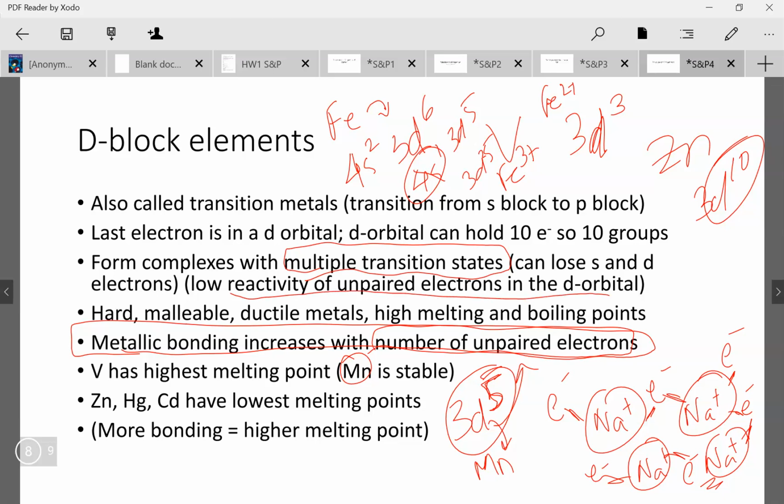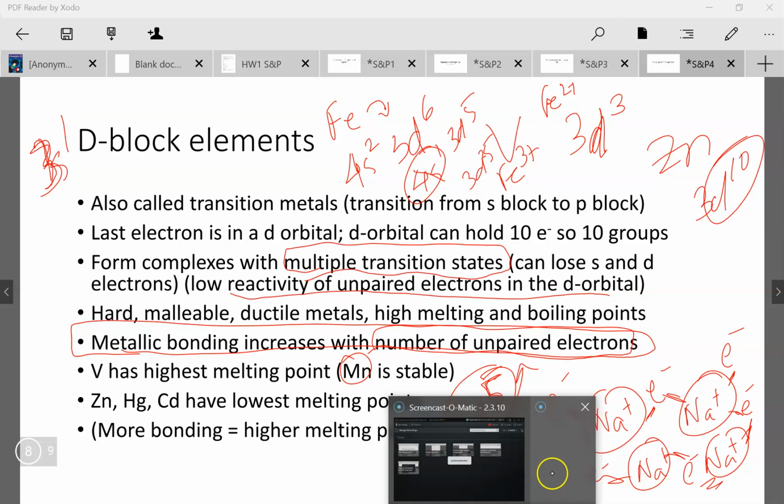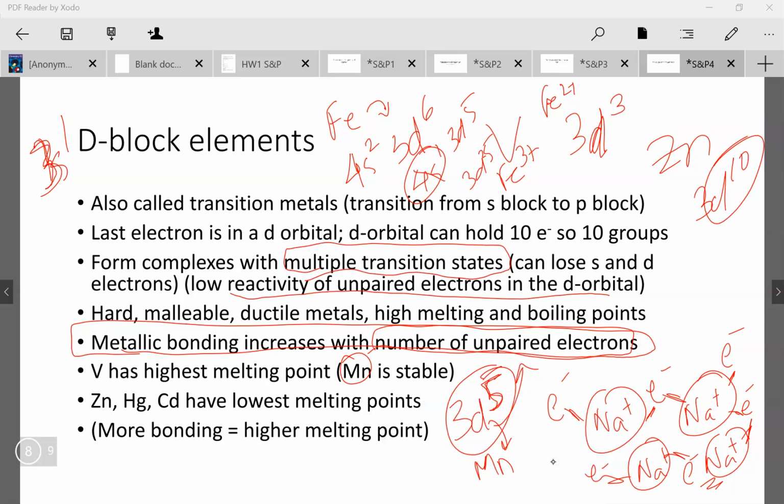So unlike sodium, which has an s unpaired electron, a 3s1 electron, and that unpaired electron is very reactive in the s block. In the d block, however, for example, vanadium's 3 electrons or iron's electrons are not as reactive as an s block unpaired electron.